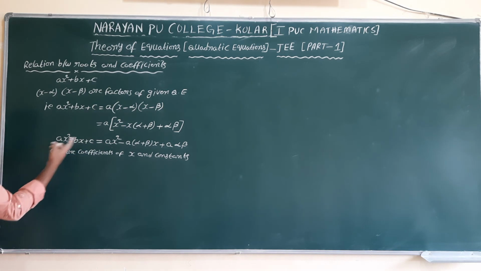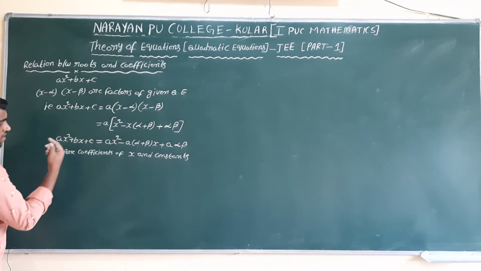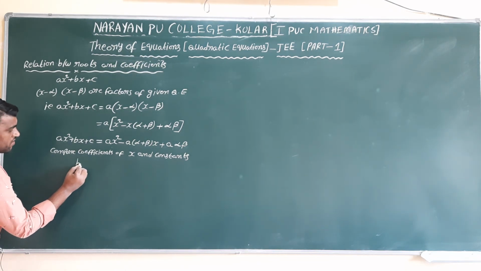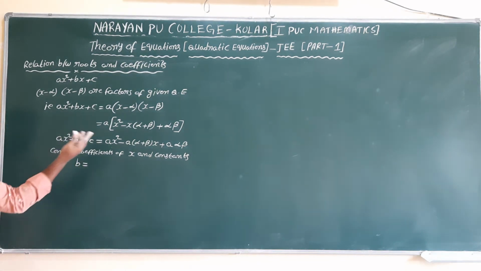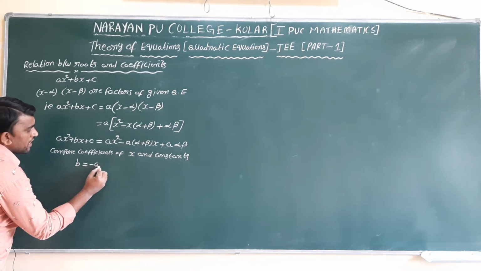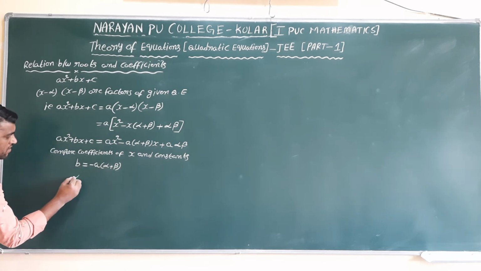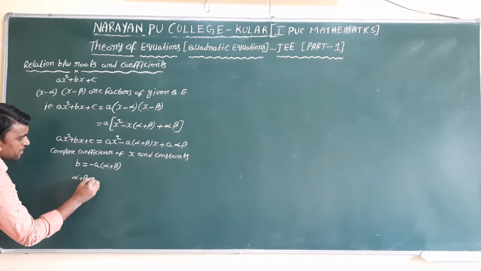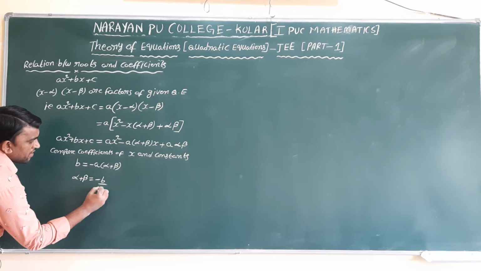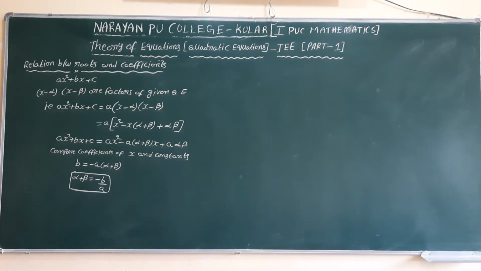Why? Because on both sides the x square coefficient is a only. So the x coefficients: on the left side, what is the x coefficient? b. On the right side, what is the x coefficient? Minus a into alpha plus beta. So from this, alpha plus beta, what can we write? Minus b by a. That is the coefficient of x.